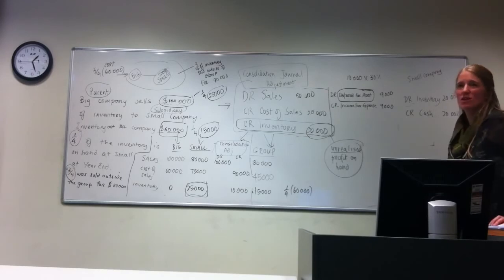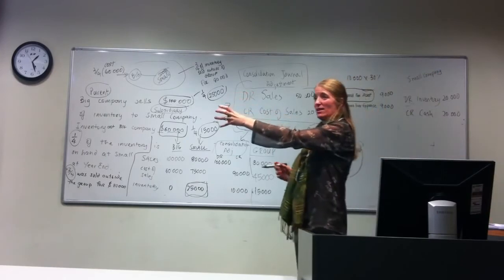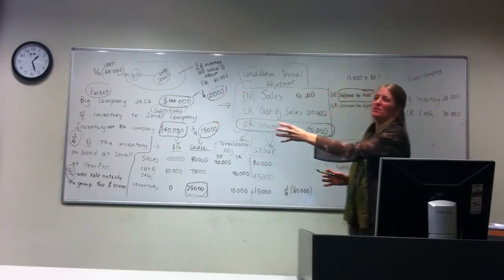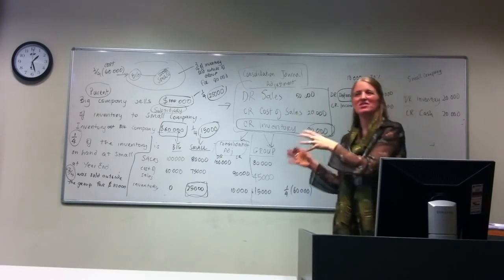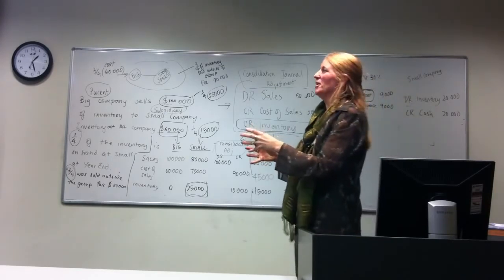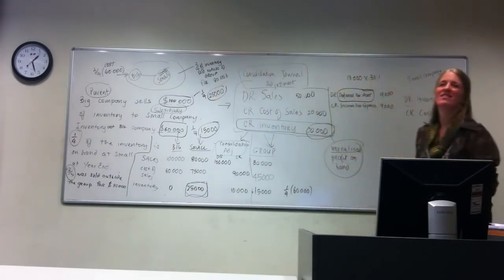What I'm going to do now is just talk a little bit about what we've done here. We have recognized the fact that when you're doing consolidations, you're going to be adding figures in the big company, in other words the parent, with figures in the small company, in other words the subsidiary. Okay? And what you do is you use a worksheet, and I've shown you the worksheet.